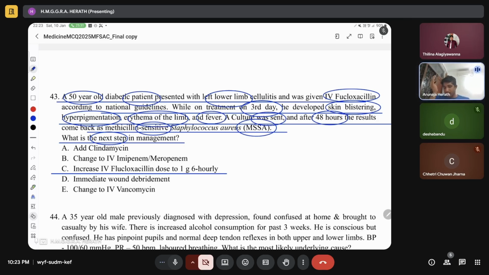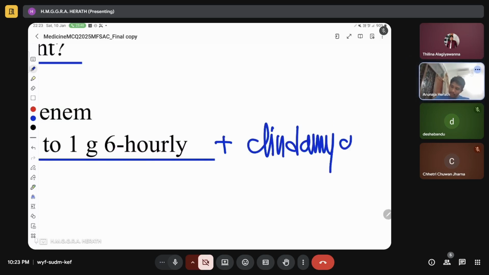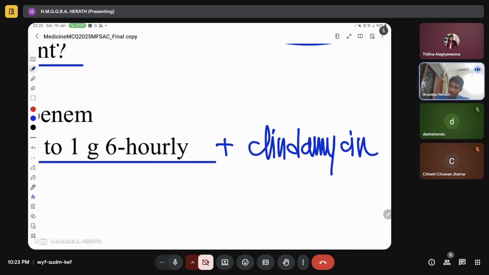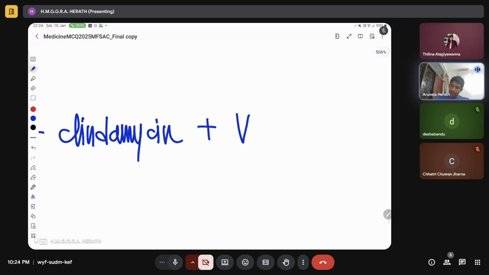Usually, what is the antibiotic that is given for these patients if this doesn't respond to flucloxacillin? Usually, what you add is clindamycin. If MRSA is diagnosed, what is the antibiotic that is usually started? Yeah, you can go with vancomycin.